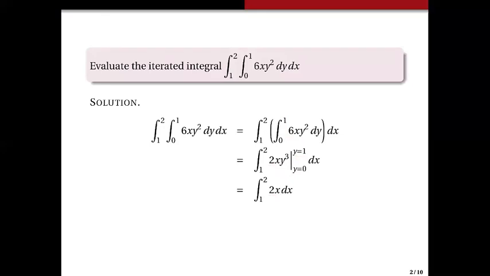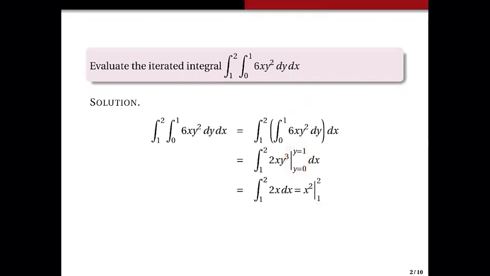For this part, we integrate now, this time with respect to x. We will have x squared, and we are evaluating from x equals 1 to x equals 2. Notice in here, I specified clearly what the variable is.